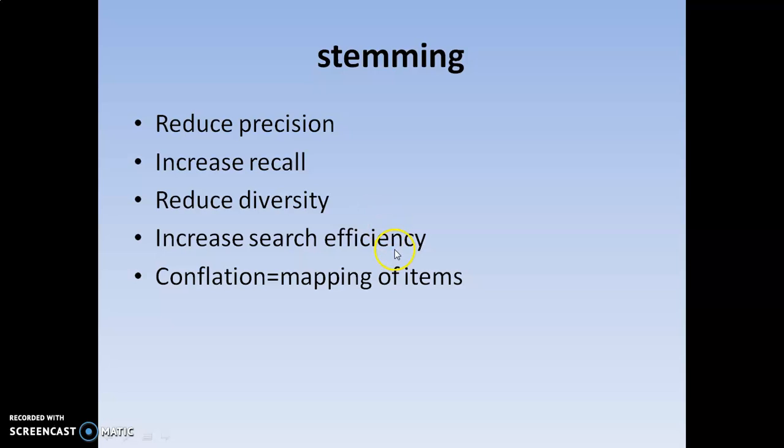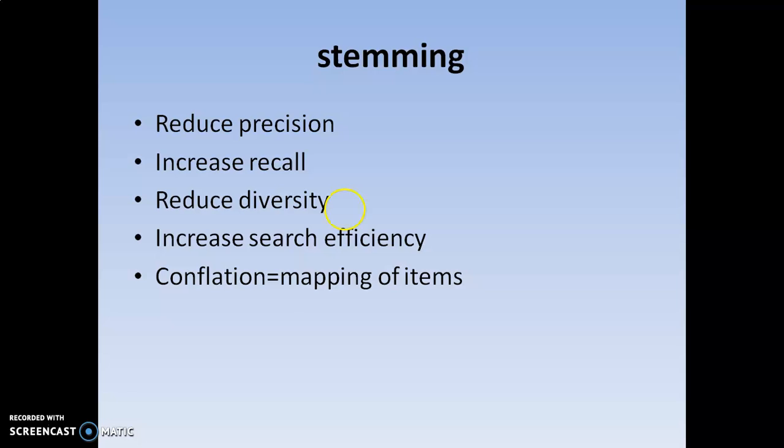And one more important thing we have to remember regarding stemming is that it increases the search efficiency. And one more thing is conflation. What is the meaning of conflation? Just now, in the previous few minutes, I told you: conflation means whenever you search for an item, that particular item will be mapped to wherever it exists in the document.